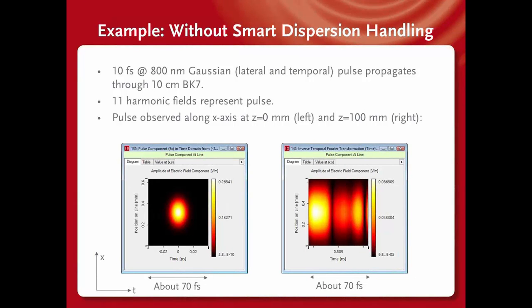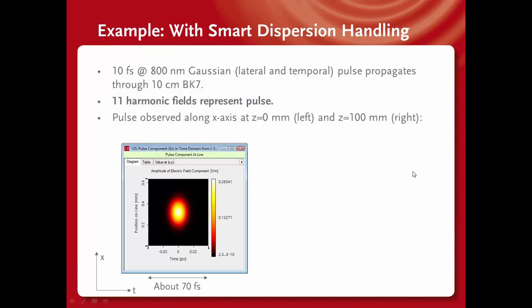So if we come back to our 10 femtosecond example, which is propagating through the 10 centimeter BK7, it would mean that if you don't do the smart dispersion handling and keep the number of harmonic fields constant, you will observe classical aliasing effects like this, so you cannot really get the information to calculate the pulse length.